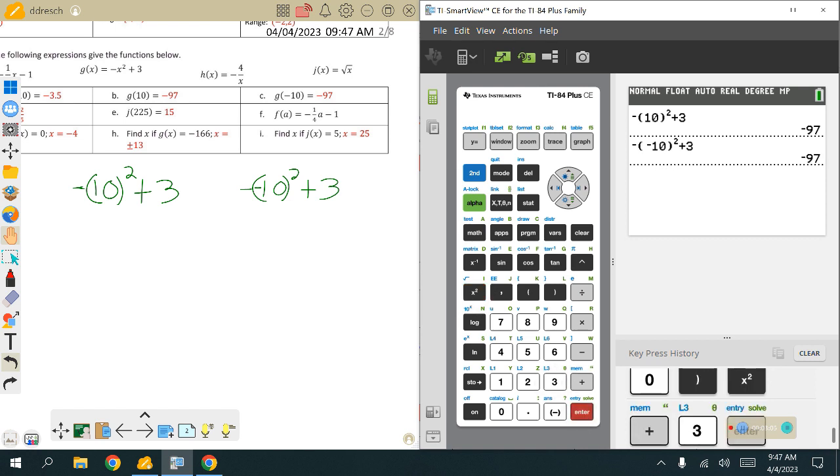We want to take that negative and then square that negative 10. There's 3 negatives there. We all know 2 negatives make a positive, that's correct, but those 2 negatives making a positive is happening inside the parentheses.